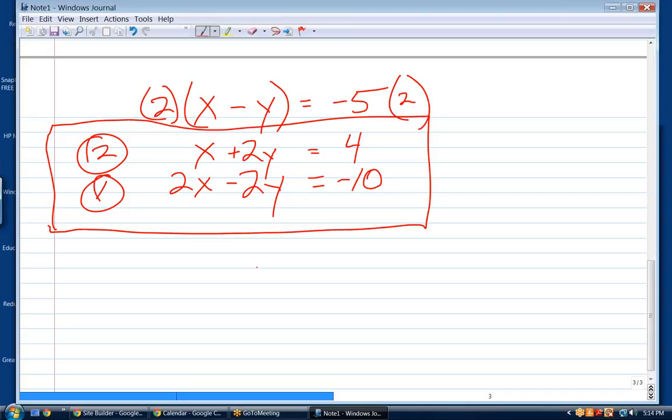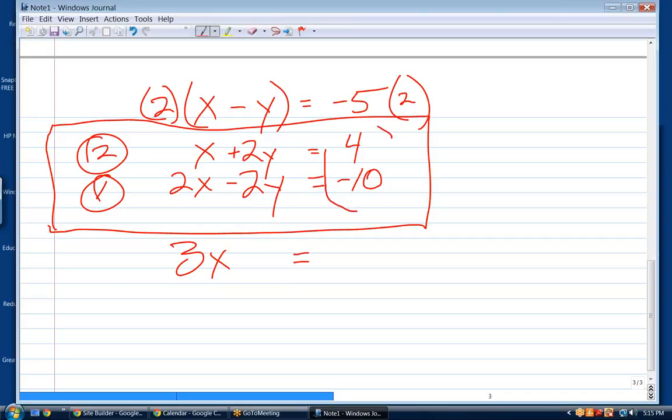So if I add these two equations, what do I get? 3x plus y. No, the y's go away. The whole reason I multiplied that first equation by 2 was so that I would end up with a minus 2y. And I did that purposefully because I knew when I added the equations I would not have any y.